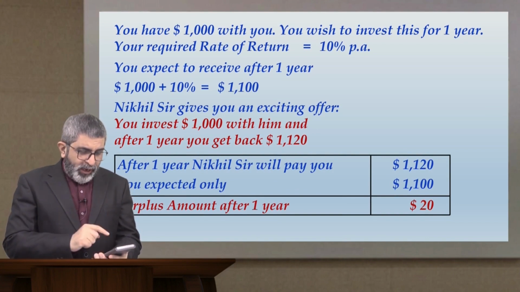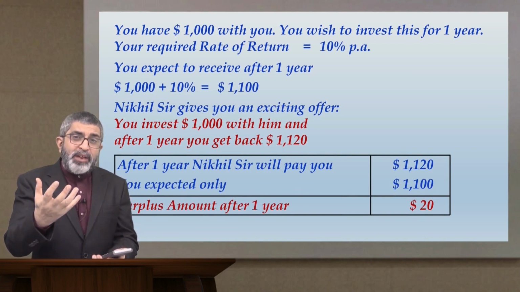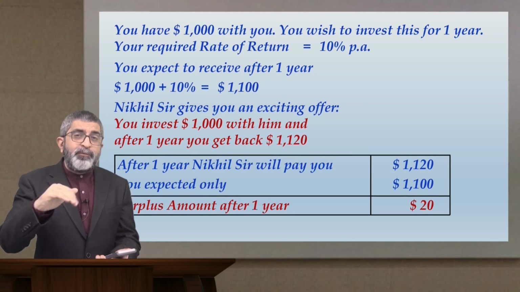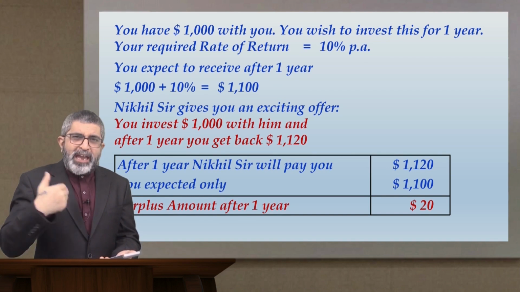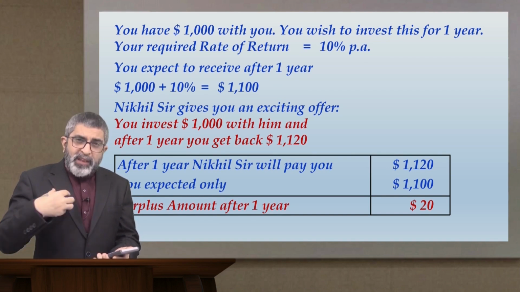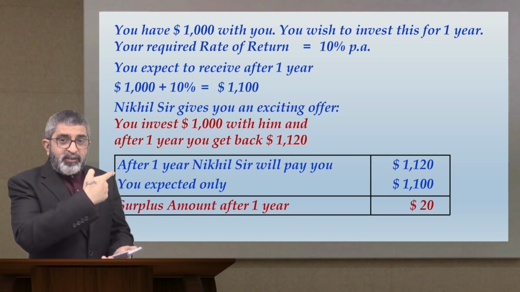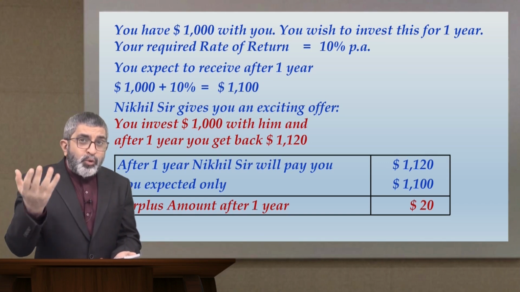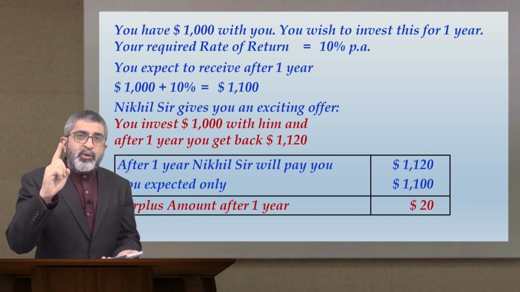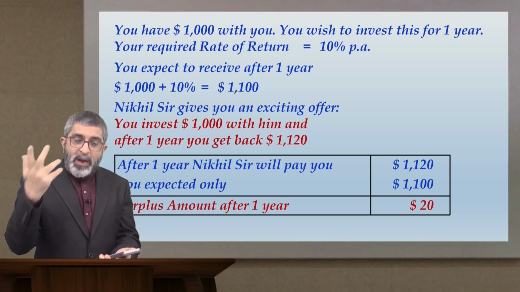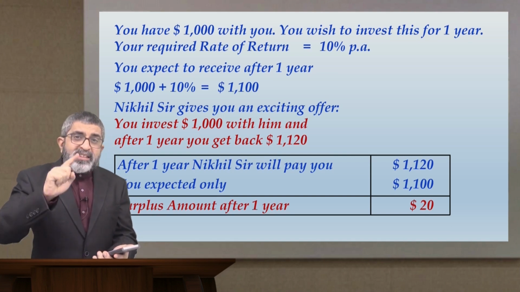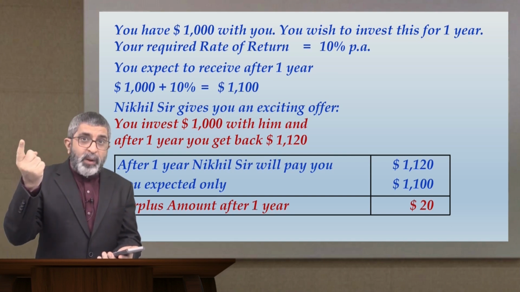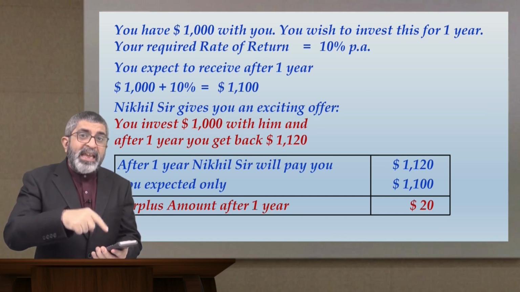If I look into what is the value that I am going to receive after 1 year, I am behaving like an investor over here. I am playing your role over here. If I am an investor, as per this offer, I am going to receive $1,120 after 1 year. So on my calculator, I take the input of 1,120, the amount I am going to receive after 1 year. This is going to be my inflow.